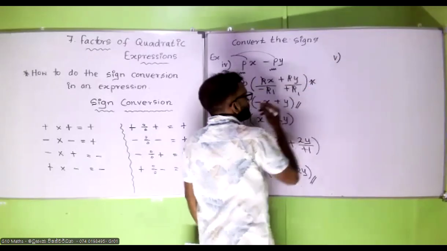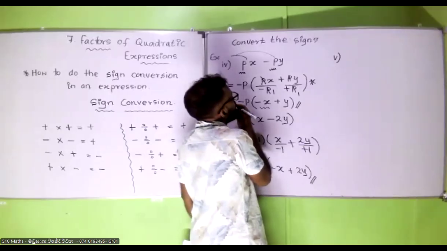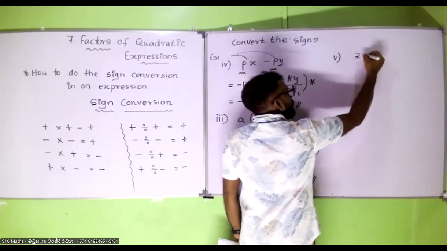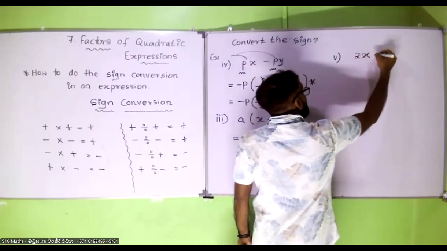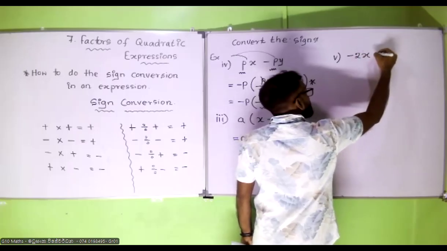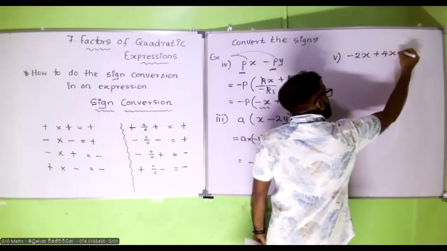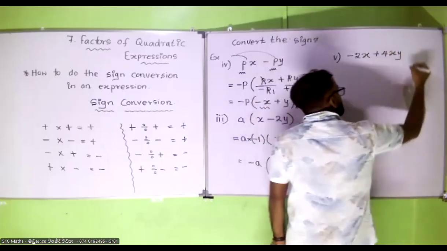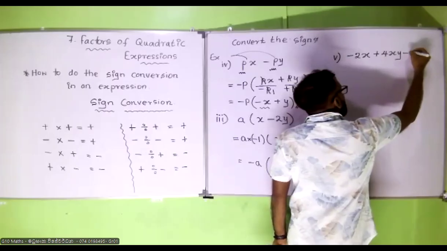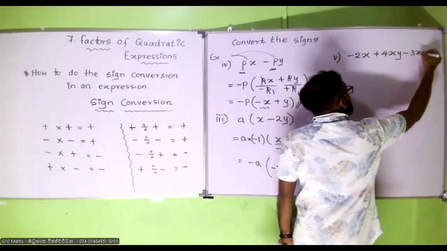Fifth one. Minus 2x plus 4xy negative 3x to the power 2.